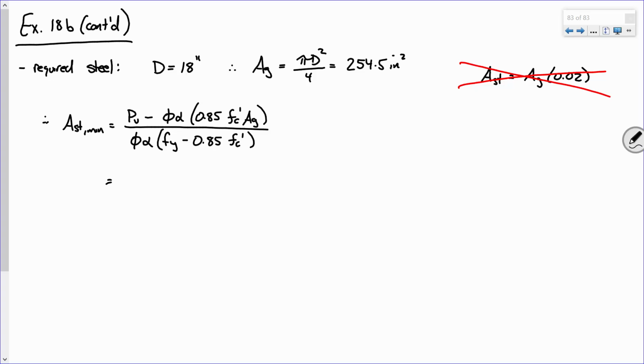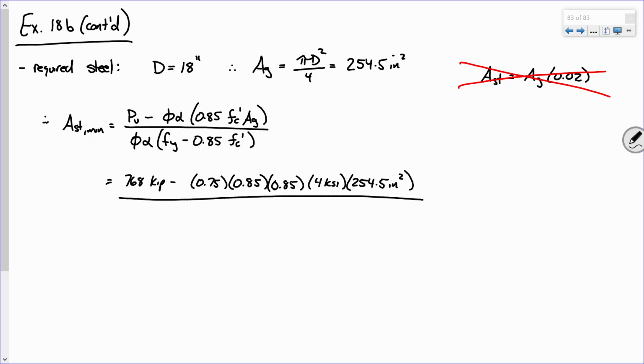When we back calculate our reinforcement ratio, we're going to find that we ended up increasing it a little bit. So let's go through this. So 768 minus, what do we have? 0.75, 0.85, 0.85 again, because we have alpha and then the 0.85, 4 KSI, and then 254.5 inches squared.